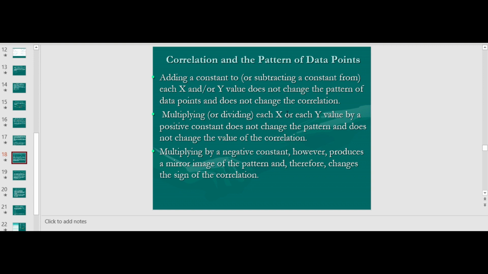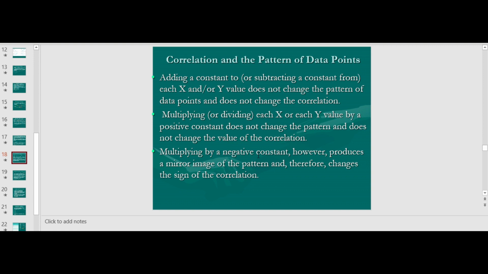In the same way, multiplying or dividing each x or y value by a positive constant does not change the pattern and does not change the value of the correlation.